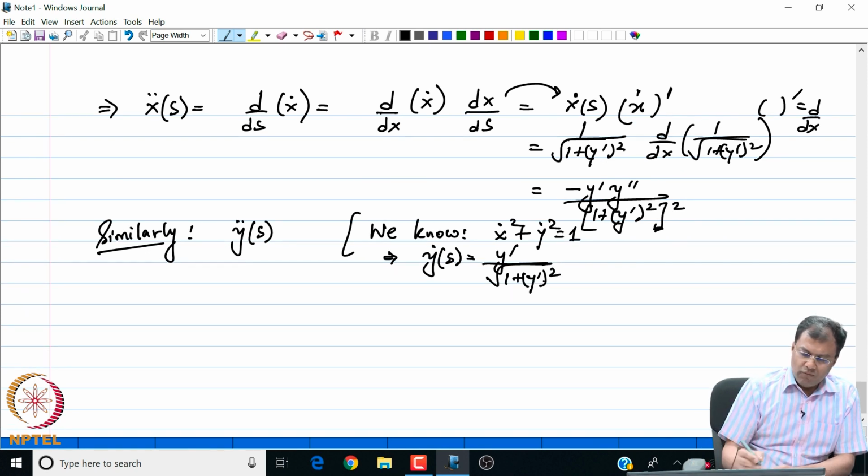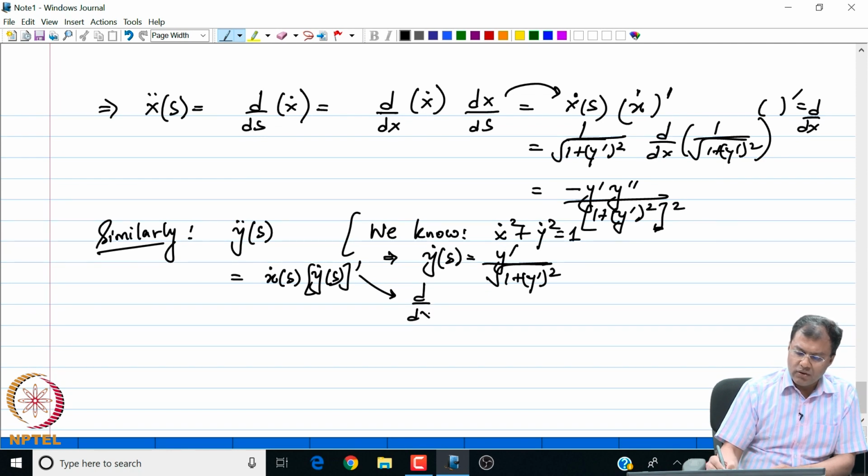Okay. So y double dot of s, again using the chain rule, will be x dot of s times the prime of y dot of s. Now, the prime is nothing but the derivative with respect to x.